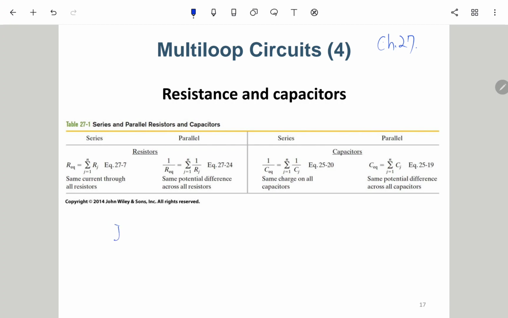And for the inductor, okay, if we have a series inductor, LEQ will be the summation of LJ, J equals 1 to small n. Okay, series similar to the resistance. Okay, parallel.